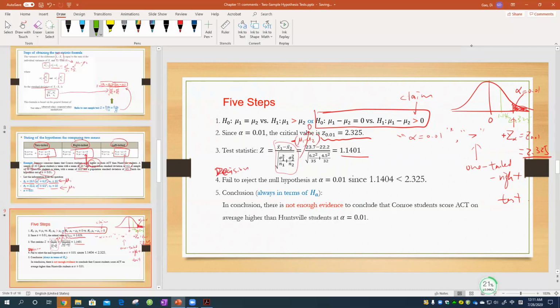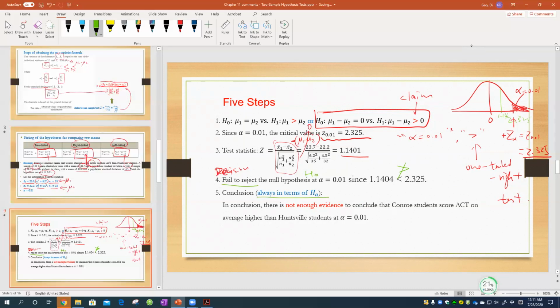That number doesn't lie within this rejection region, so we don't reject. We say we fail to reject it. So 1.1401 is not more extreme compared to the critical value. So we fail to reject the null hypothesis H naught.